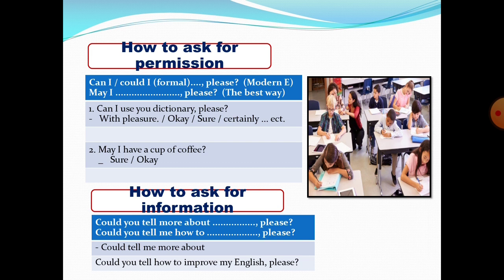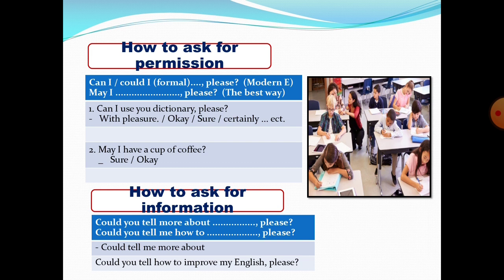Can or could are used in modern English. But the best way, as I mentioned before, is may. Can or could, both are correct. So, may I help? May I go to the toilet, please? Mr. Muhammad, may I read, please? And so on.